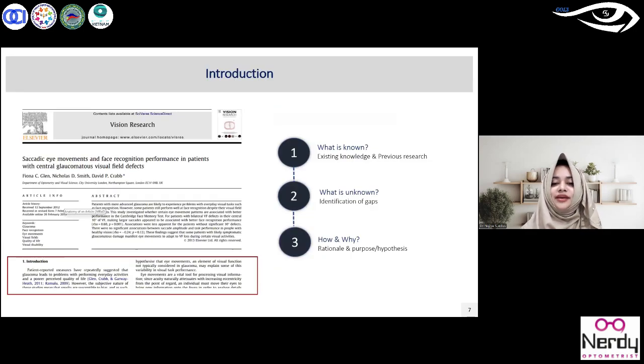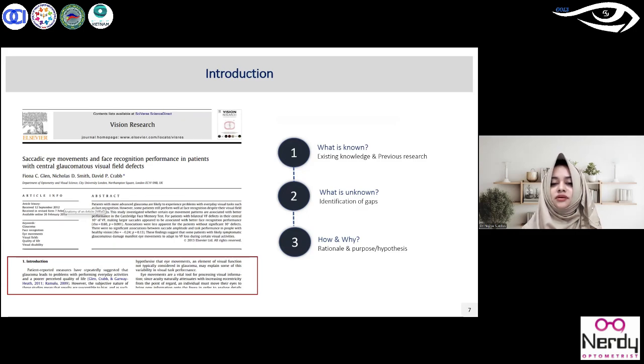Personally, I prefer to start with the methods section, but here, just to ensure the flow, let's begin with the introduction. Sometimes you might see the word background. This is the opening section of the article.